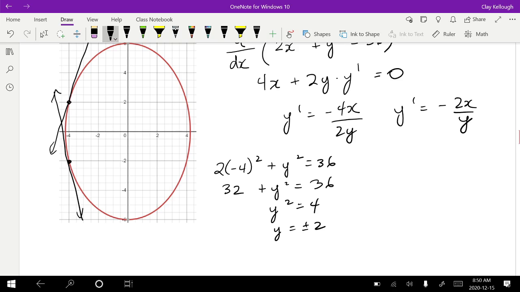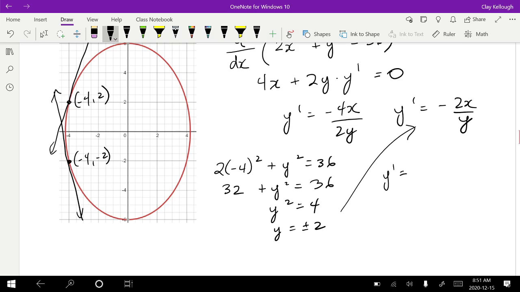So that means when I go back to my slope, if I want the specific slope at a point, in this case y is plus or minus 2, so this is negative 4, 2, and this is negative 4, negative 2, right? So I have to find 2 different slopes. So one slope here would be when y is negative 2.